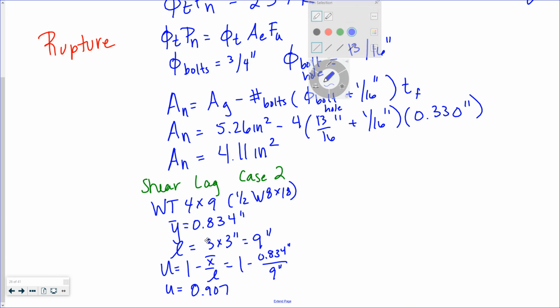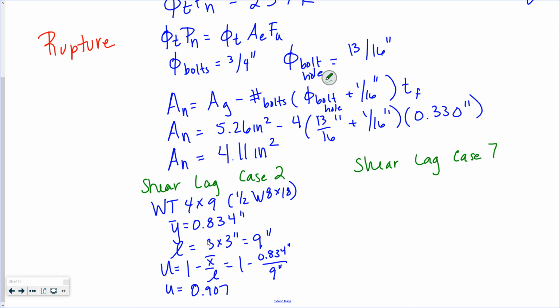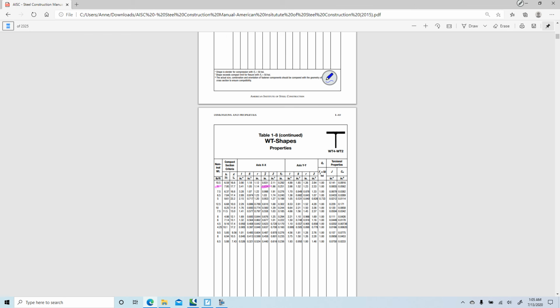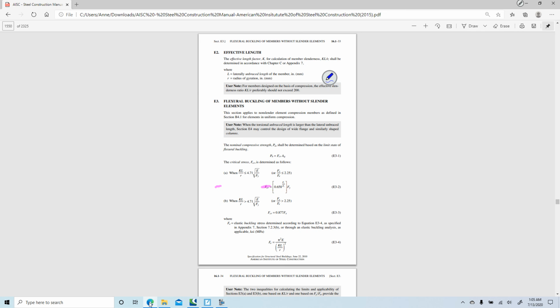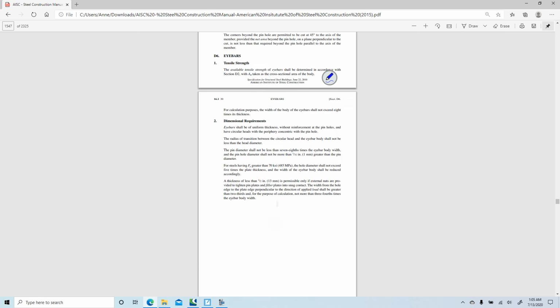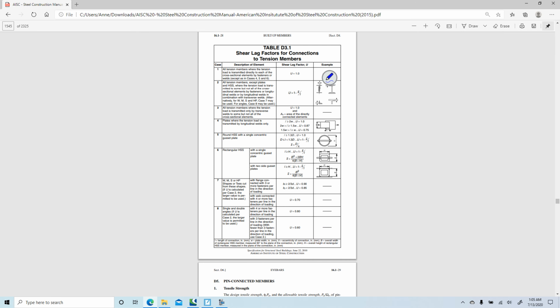I can also use case 7. Case 7 is where I have three or more fasteners in a row.